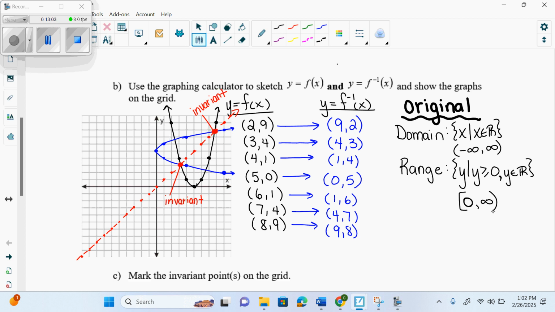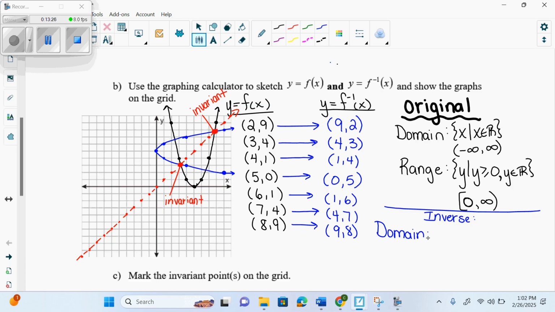Now, I didn't even need to draw the blue graph, and I could have given the domain and range of it. Because it's just literally y's become x's and x's become y's. So if I do the inverse, my domain is my range of my original, with x's, because these y's are going to become x's, right?